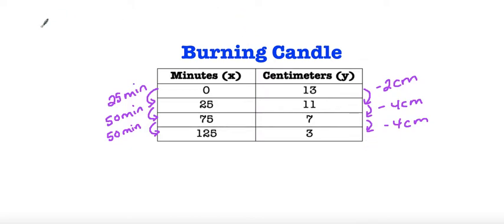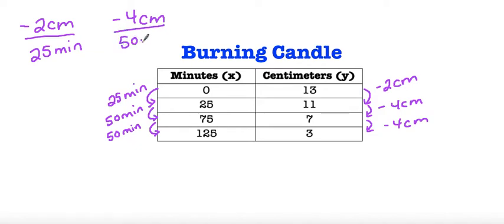So, let me just write our rate down. So our first change is that our candle melts 2 centimeters in 25 minutes. And then our second change is that our candle melts 4 centimeters in 50 minutes.